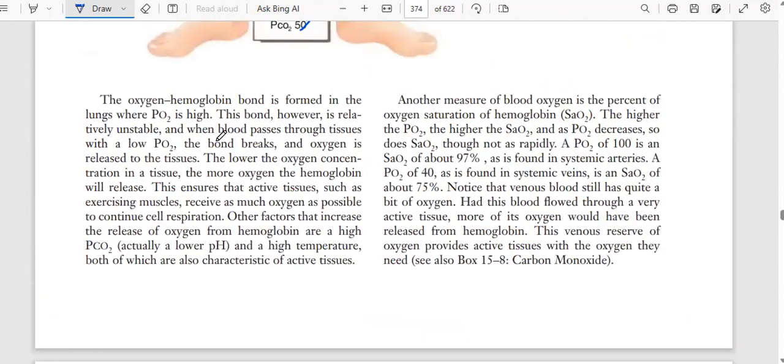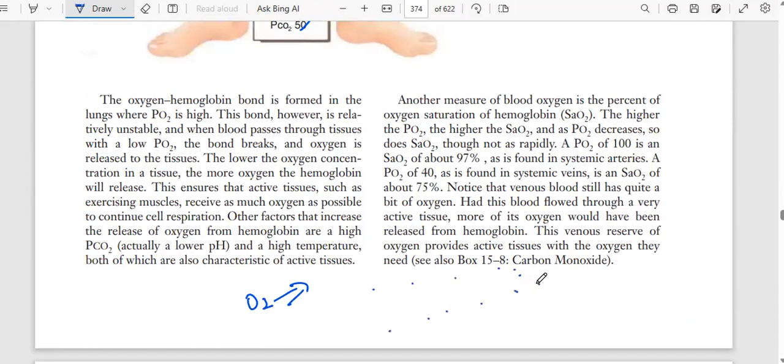The oxygen-hemoglobin bond is formed in the lungs where PO2 is high. This bond, however, is relatively unstable, and when blood passes through the tissues with low pH, the bond breaks. The oxygen is released to the tissue. The lower the oxygen concentration in tissue, the more oxygen the hemoglobin releases. Actually, iron carries oxygen, so oxygen goes through all the tissues.